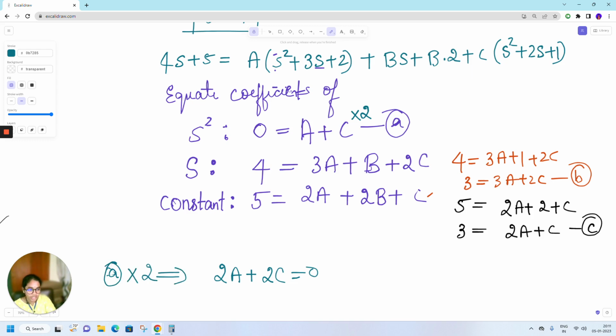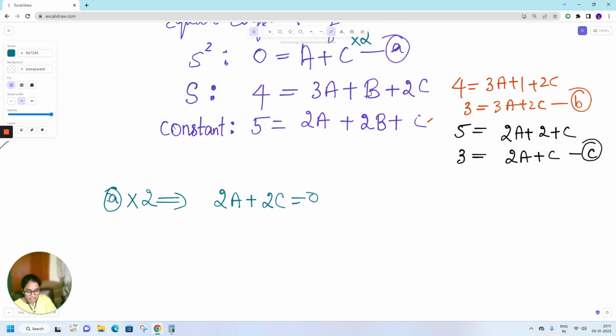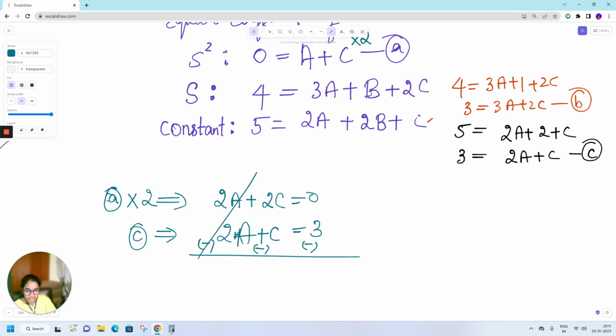What is our equation C? Our equation C is 2a plus c is equal to 3. Correct? Now if I subtract these two equations, 2a gets cancelled, and I would get c is equal to minus 3.